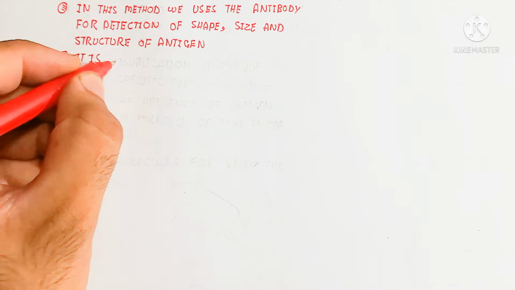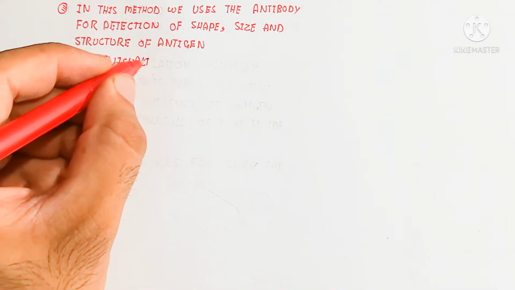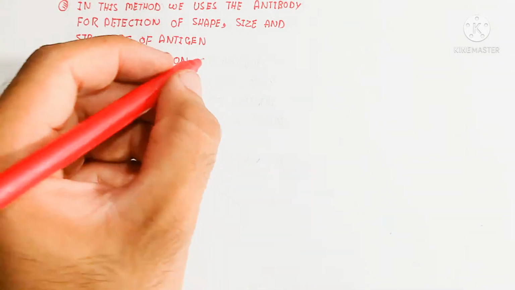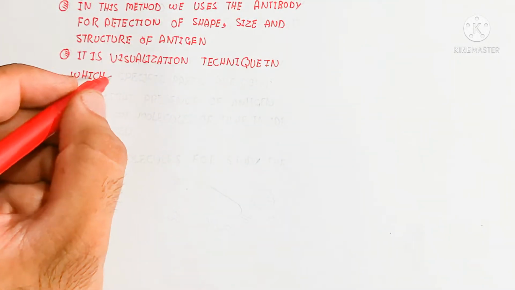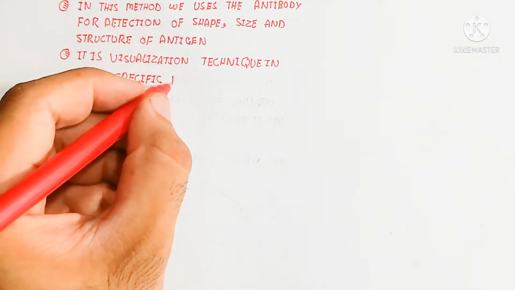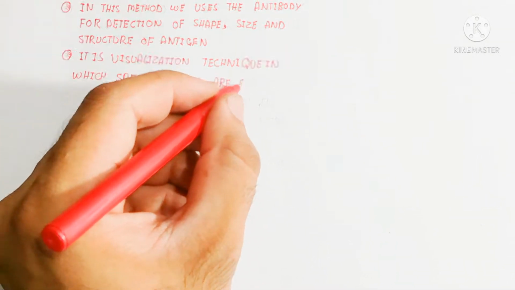So it is a visualization technique in which specific parts are stained to check the presence of an antigen or part of a molecule, inside or outside of the cell.